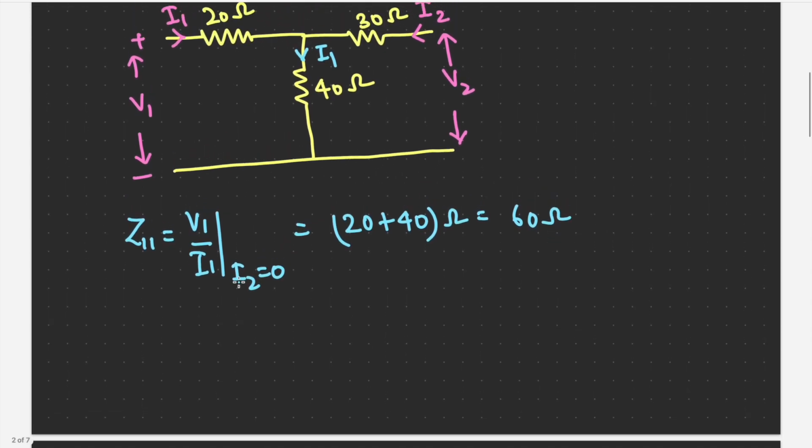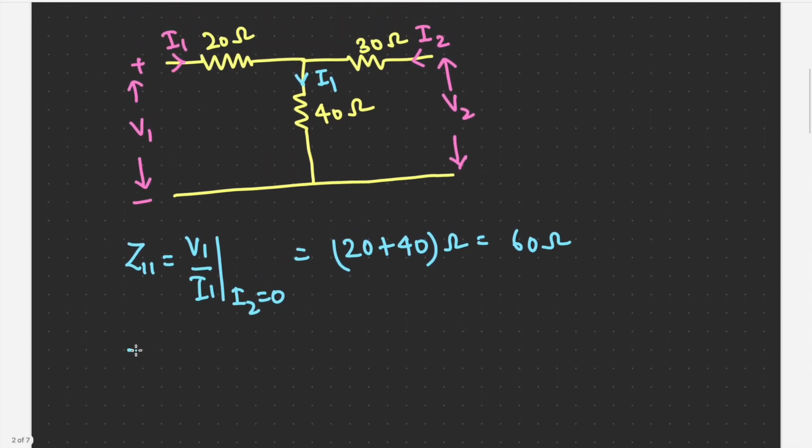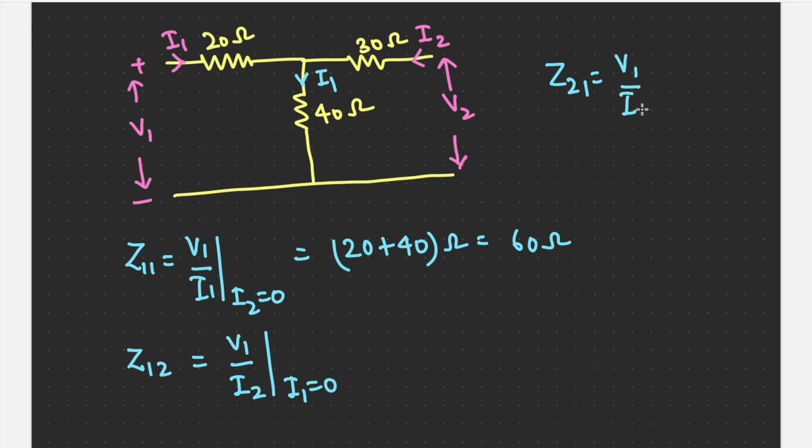Now I will find Z12. Z12 is V1 by I2 when I1 equals 0. Since the condition is changed, first we will complete Z21, where we get the same condition: V2 by I1 where I2 equals 0.